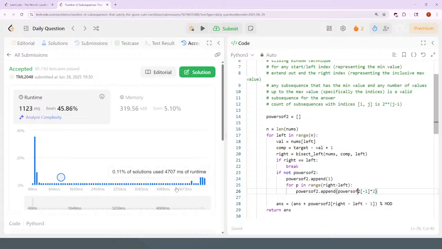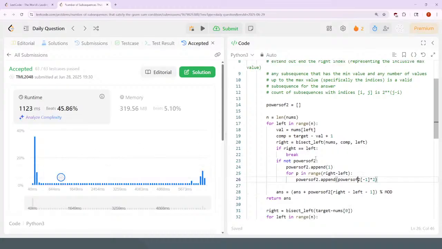So the drop off between this thing to this thing, which was like 6,000 milliseconds, which is 6 seconds versus like 1 second, was not calculating these powers of 2 each time, but having an array of stored values for those.